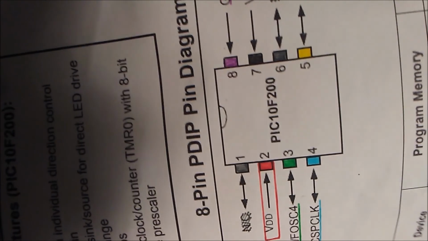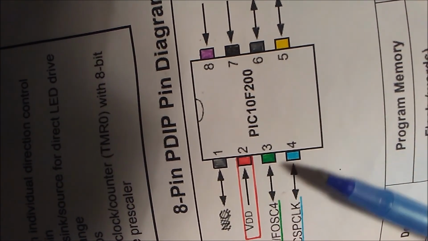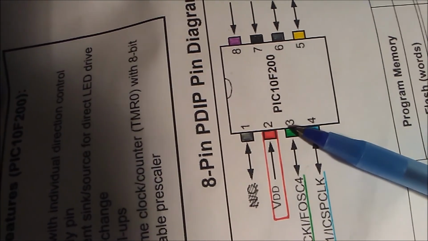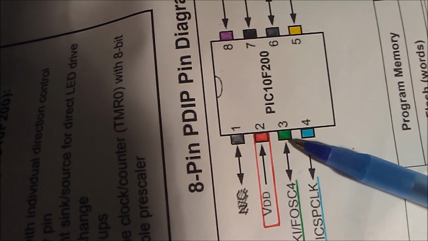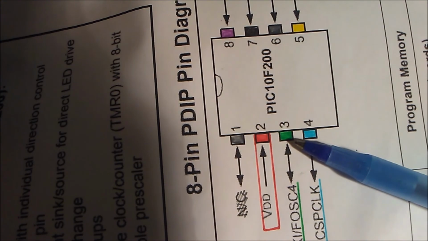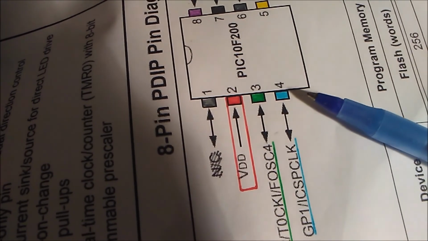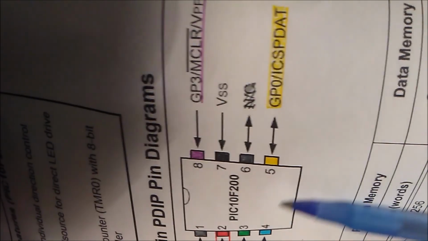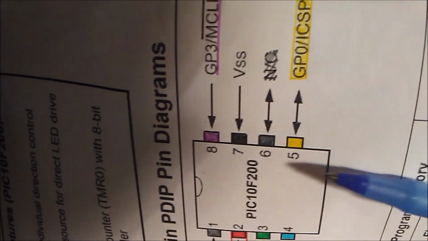So here we are back at the breadboard, and once again, just for reference, this is GP2, pin 3, which is set up as an input pin, which is going to control the flash functions. Here is GP1, which is blue, and GP0 is yellow. And the blue and yellow coding is just like on my board.